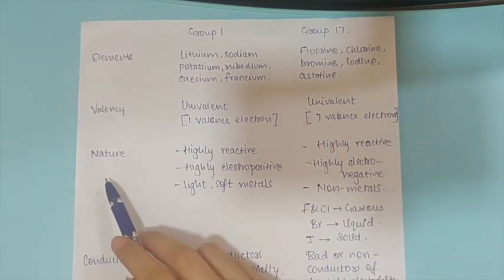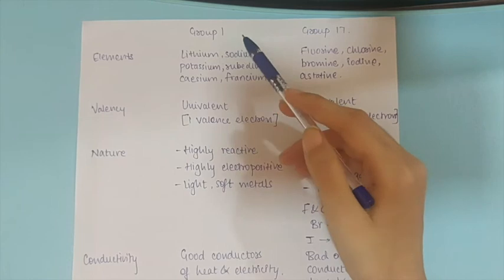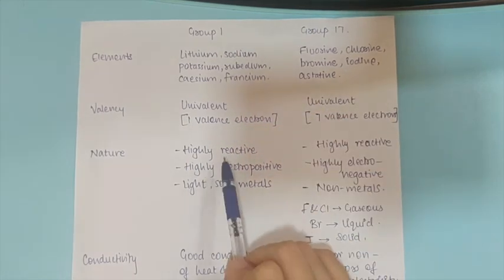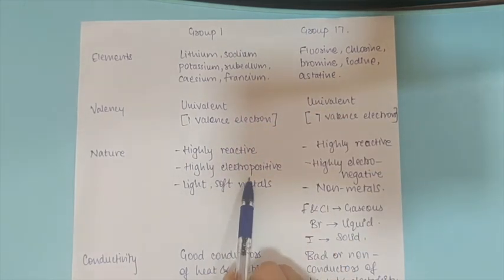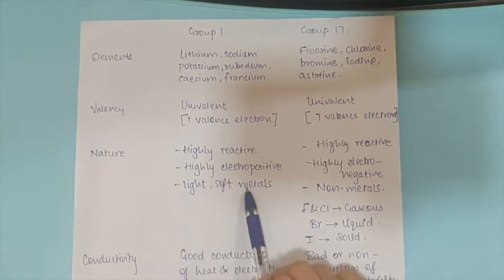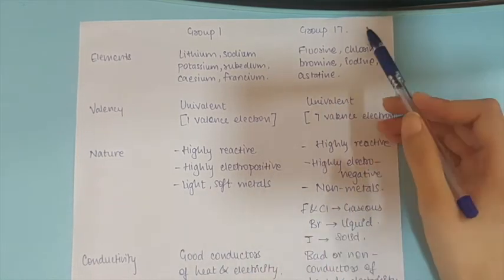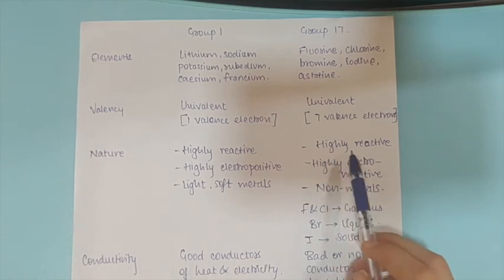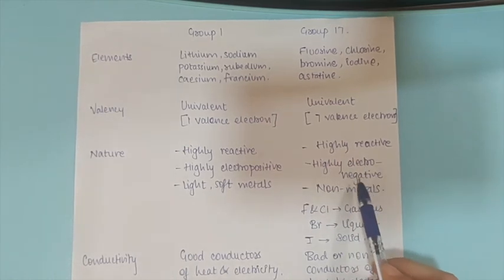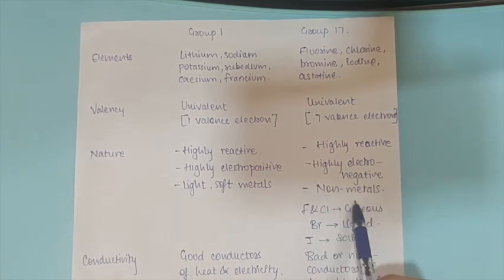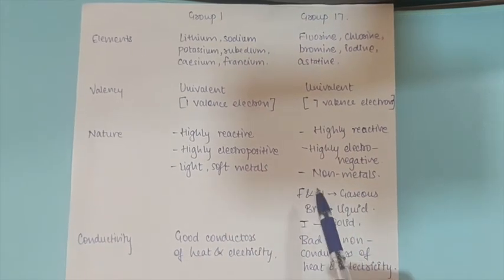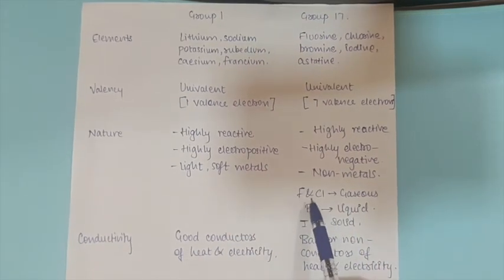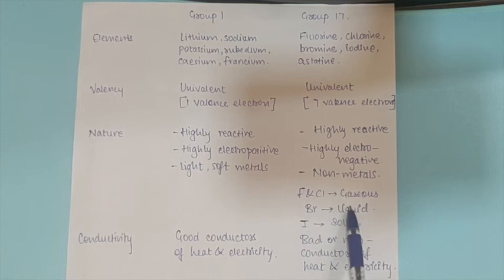So coming to nature, group 1 elements are highly reactive, highly electropositive, light and soft metals. Whereas in group 17 we have highly reactive, highly electronegative non-metals. For example, fluorine and chlorine are in gaseous state.